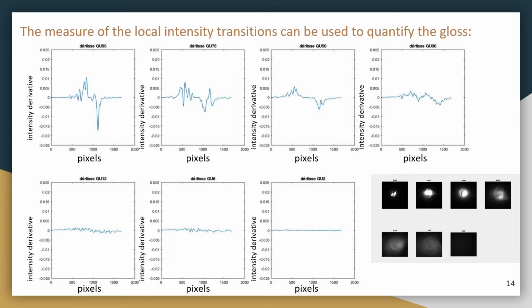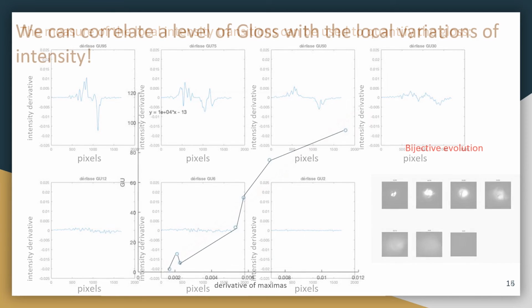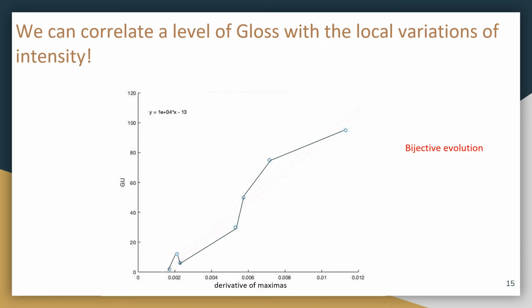So after all, we can see that we can have a correlation between the gloss and the local intensity variation. And we have a bijective evolution as expected.